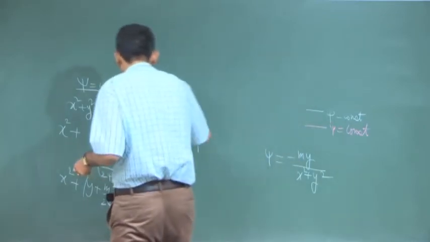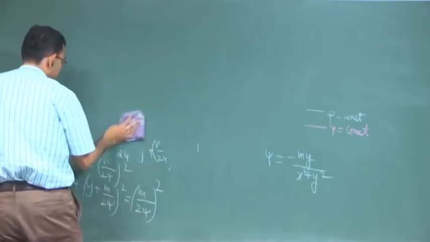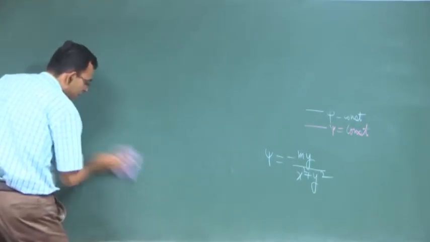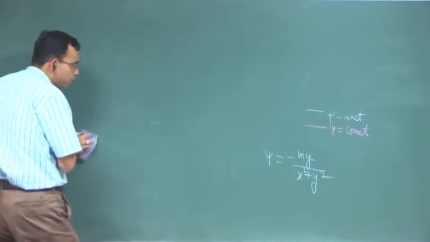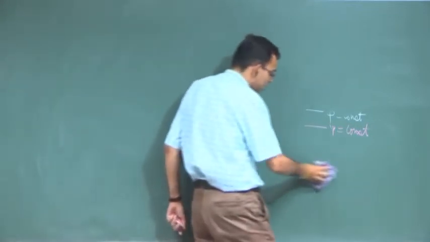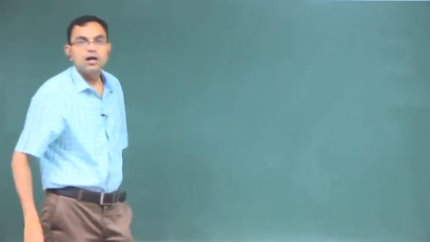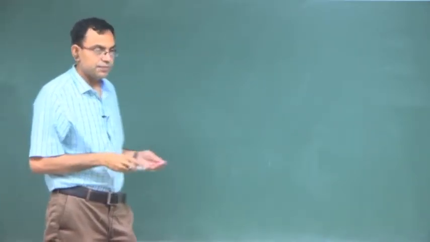So, we will start with our objective of generating the shape of a body through the superposition of complex potentials which represent the flow past a circular cylinder.